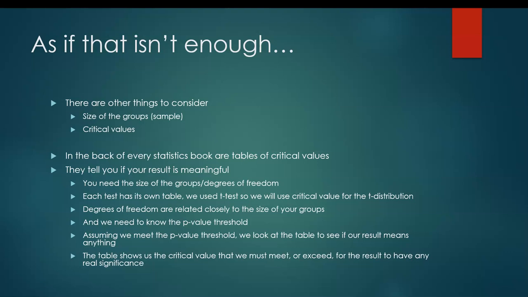We could have a result where the result is statistically significant, but the difference between the groups isn't high enough to make it meaningful. And that also is determined by the values that are in the tables of critical values. So in order to check to see if the value that we get is useful, we need to know the size of the groups, and we also need to know the degrees of freedom.